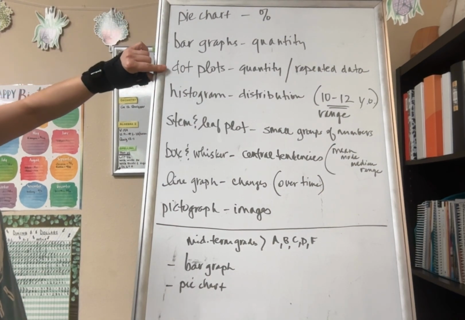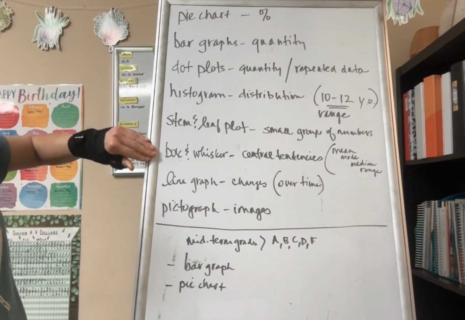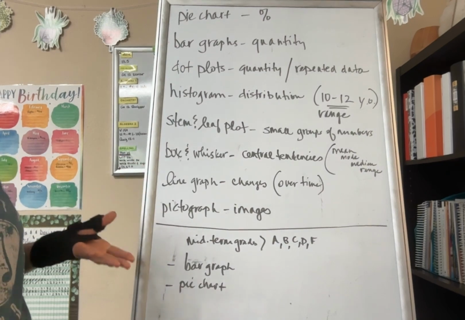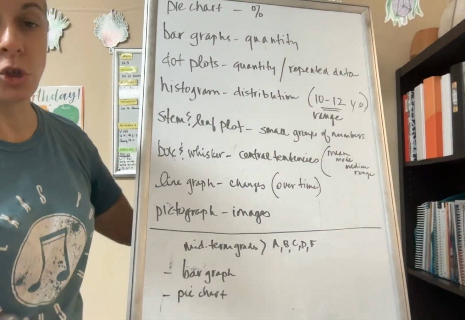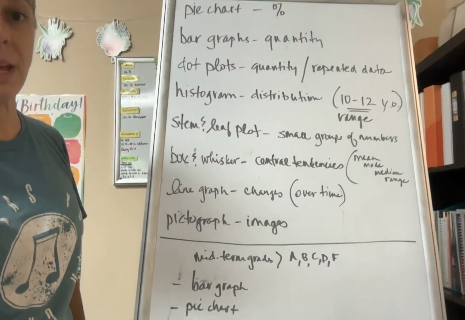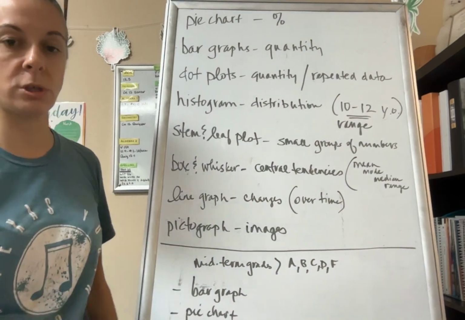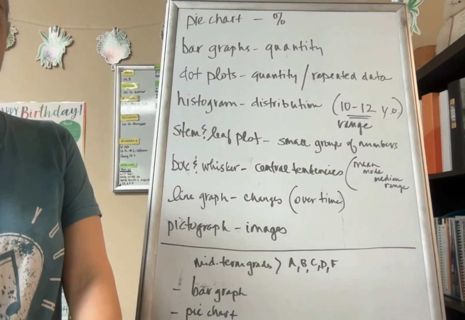You could do a dot plot if you wanted to. I don't think box and whisker would work well. A line graph would not work. And there's a pictograph. I don't know what image you would show. So I'm not sure that a pictograph would be a good choice either, because I'm not sure what image you would put on there, because a pictograph, you need to be able to draw little pictures. So I think a bar chart or a bar graph or a pie chart would be best.